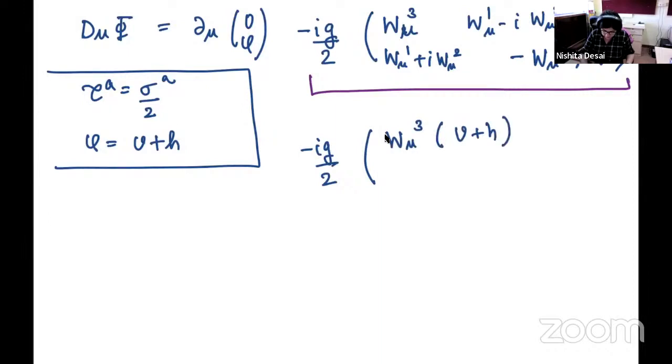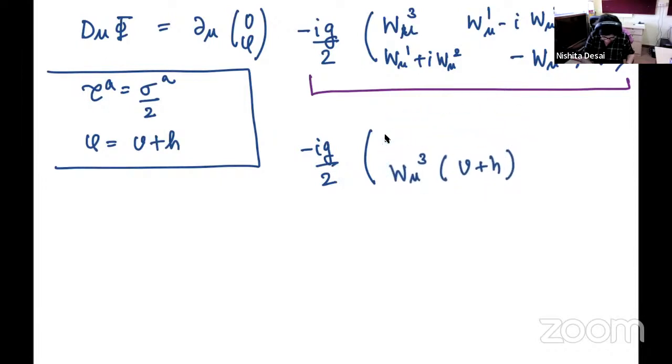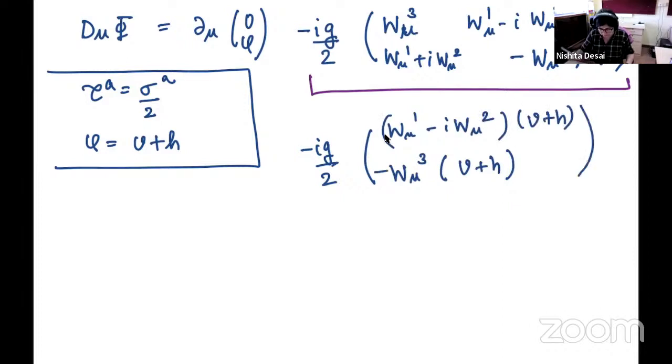And this, oops, that's the bottom. This is W1, it's W2, this one plus h, and the bottom one is W3, is v plus h. Okay, so these are the terms that you get.